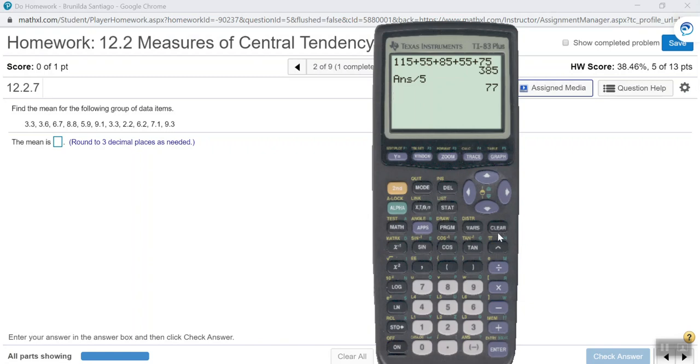Clear the calculator. It's also asking you to find the mean. So again, the mean will be the sum of the data divided by the amount of data that you have.